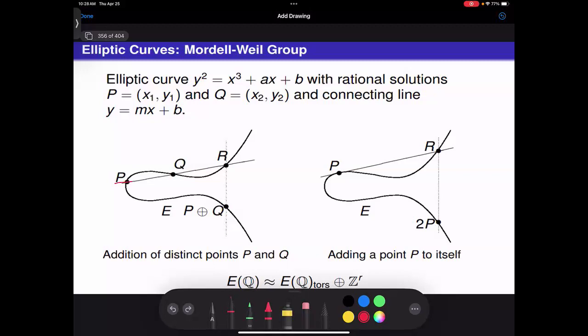And I look at that line, and that hits the elliptic curve in another point, and we'll call that point R. And if life was simple, we might say that that point R would be P plus Q. But it turns out we want P plus Q not to be there, but to be the reflected point down below. It turns out this makes addition on an elliptic curve work, and it gives you a group.